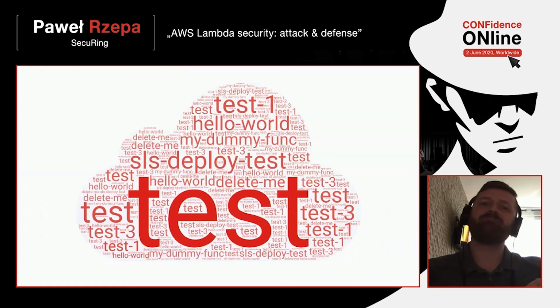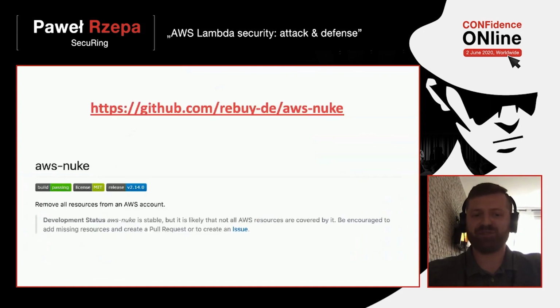However, they are still there, awaiting the attacker. And I know this from my personal experience, because when I'm doing my tests on multiple AWS accounts, it happens to me to forget about removing some resources.